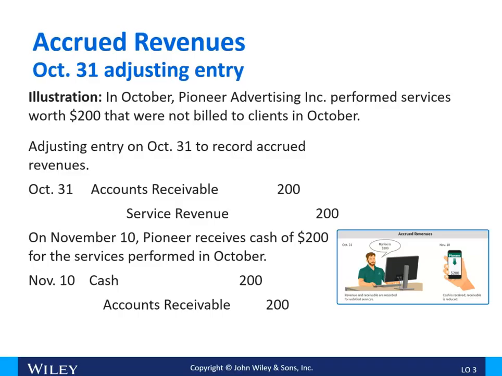So we've recorded the revenue in October, the month that we performed the services. Cash was received the next month. And when we receive that cash, we don't record the revenue. We've already recorded that revenue. We record it against the asset, accounts receivable.